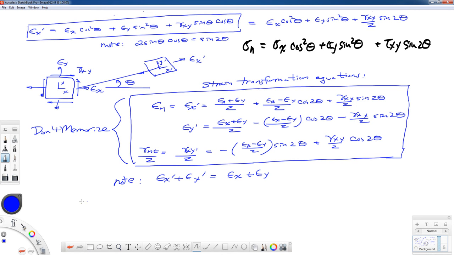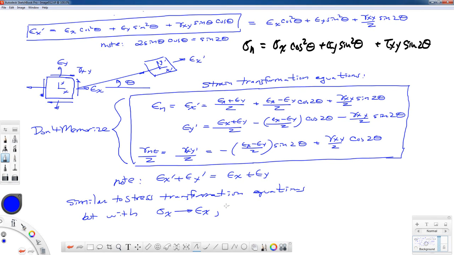The other thing I want to note are these are very similar to the stress transformation equations, but with sigma x getting replaced with epsilon x, sigma y getting replaced with epsilon y, and gamma xy, tau xy getting replaced with gamma xy over 2.